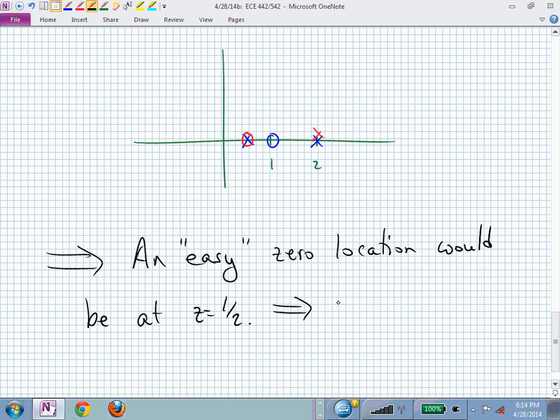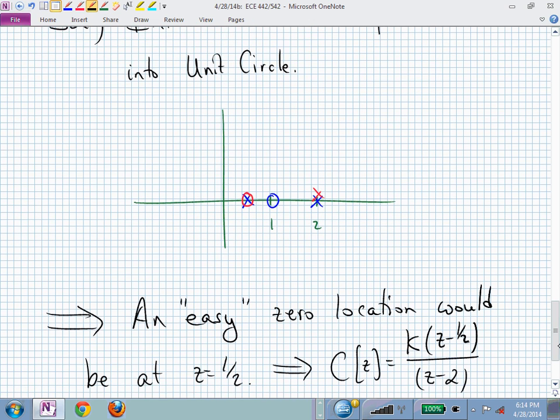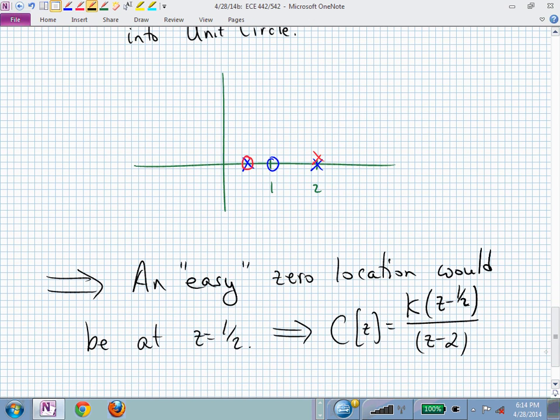So that now my C of z looks like k (z-1/2) over (z-2). That's now my controller. And what's my root locus look like now? What's my pole 0 excess? 1, isn't it?